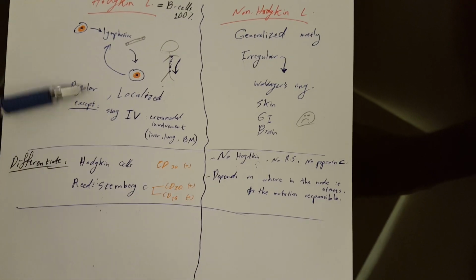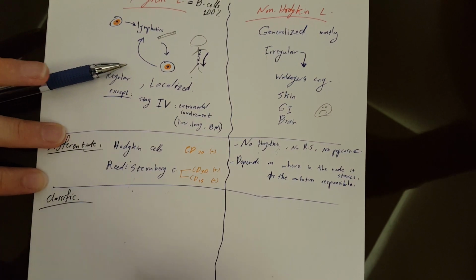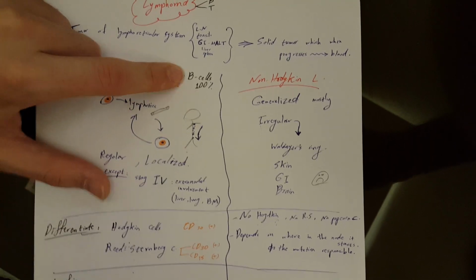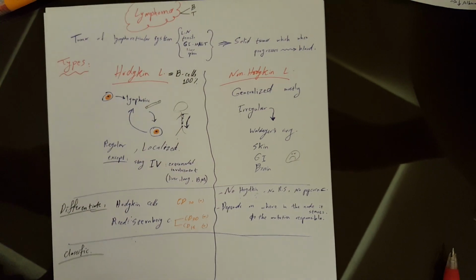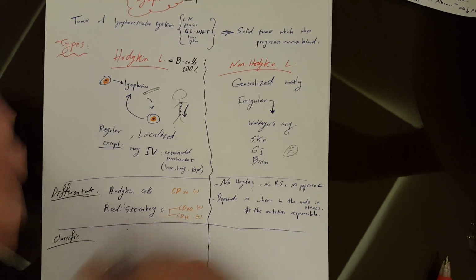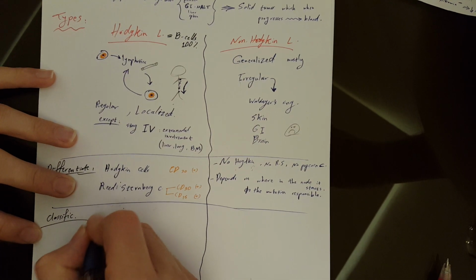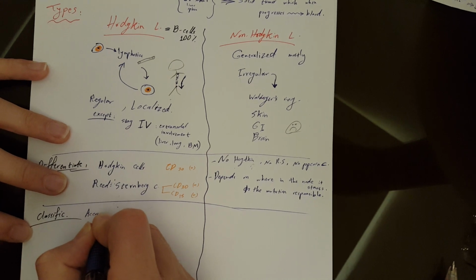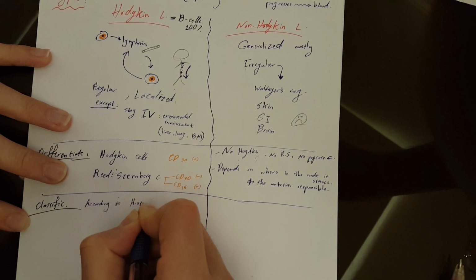Let's move on. Now let's talk about the classification. The classification of Hodgkin, we said it's 100% B cells. Now there are really different types of systems used. You can classify them according to histology.